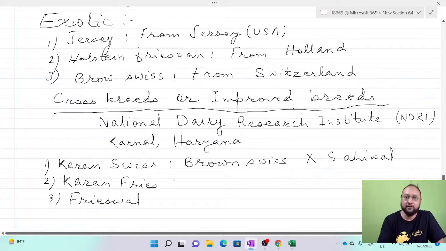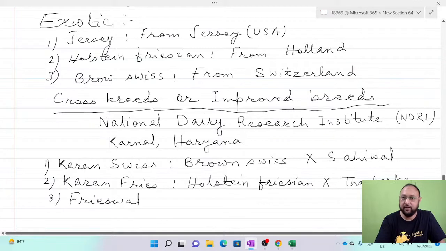This was done between the Holstein Friesian with Tharparkar, another Indian breed, an indigenous breed.